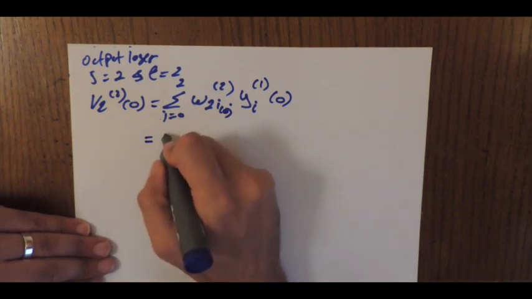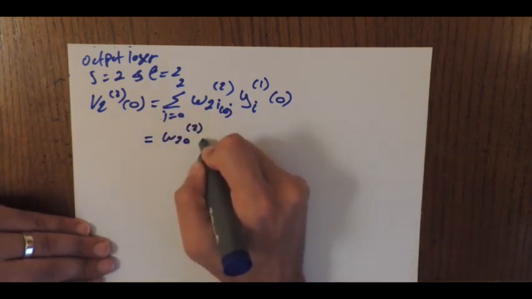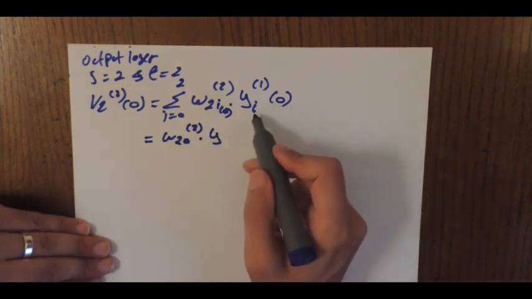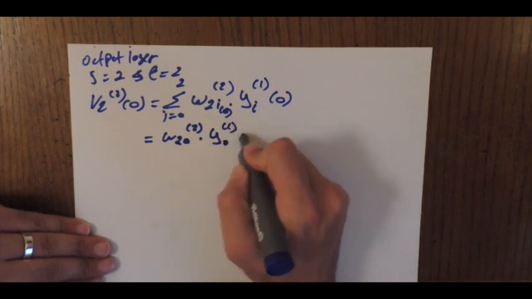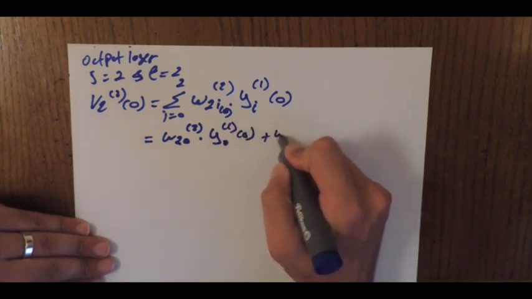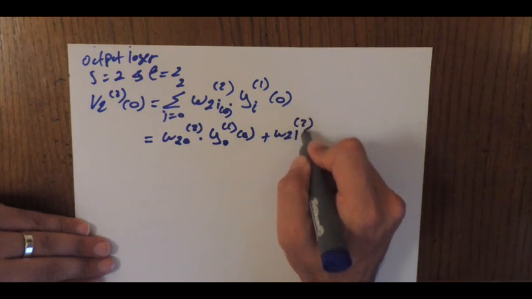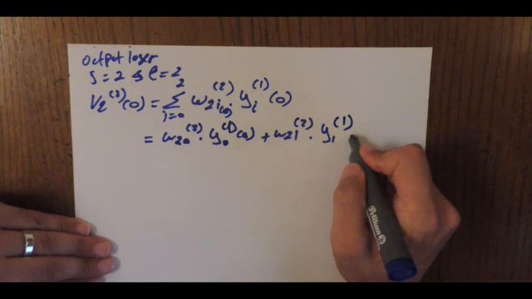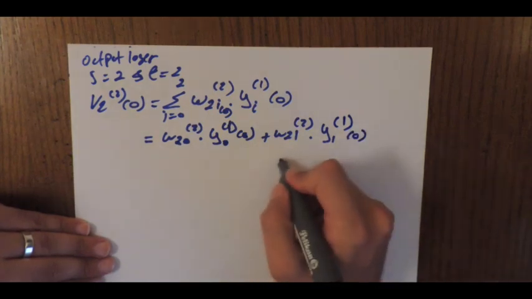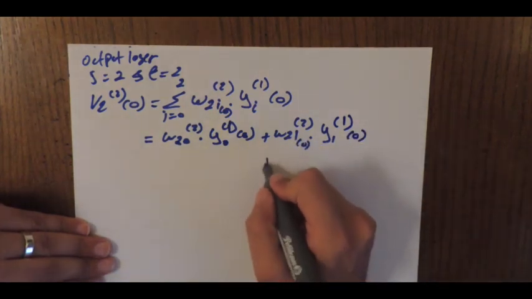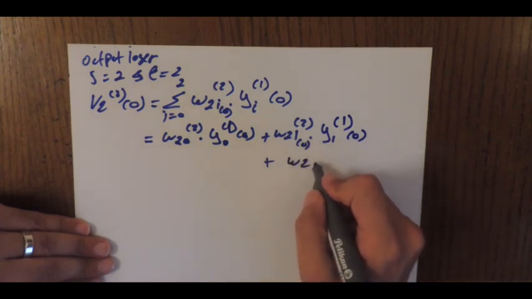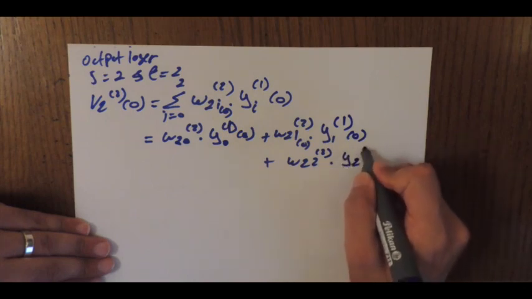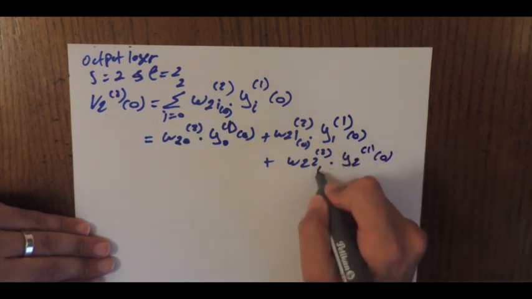This will be equal to W2,0 of 2 times y0 of 1 of 0, plus W2,1 of 2 times y1 of, or this is the first one, this is 1 for clarity, plus W2,2 of 2 times y2 of 1 of epoch 0.